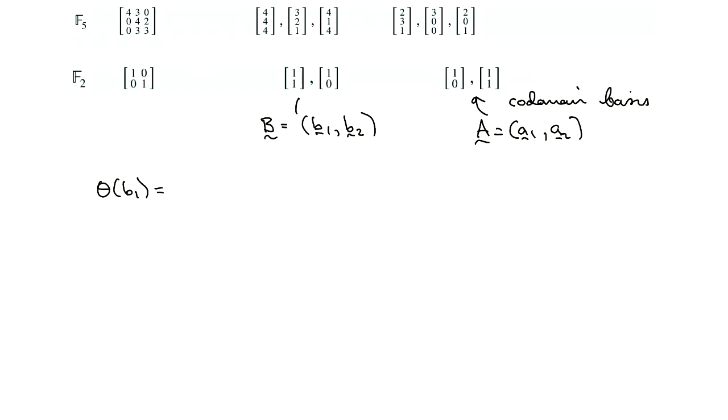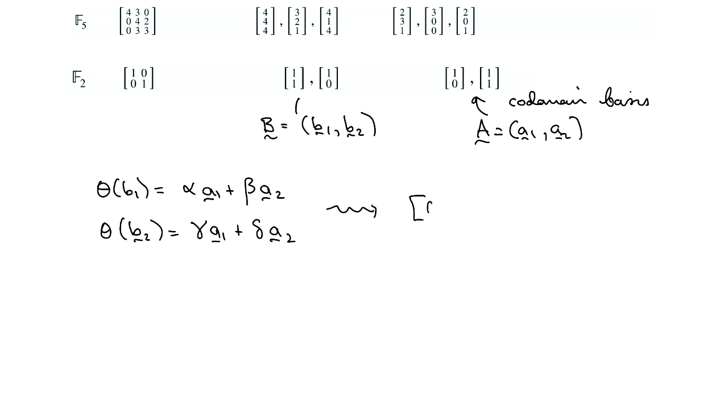In gory detail, if theta of B1 equals alpha A1 plus beta A2, and theta of B2 equals gamma A1 plus delta A2, then the matrix representation of theta with respect to these bases, where we write the basis of the codomain first and then the domain, has these alphas and betas giving the columns.